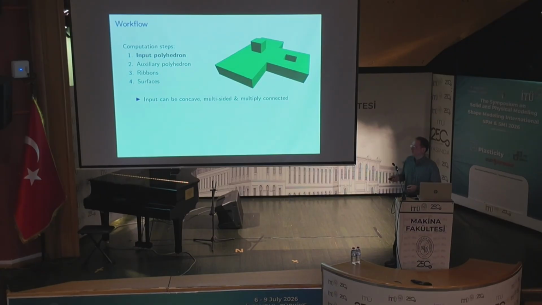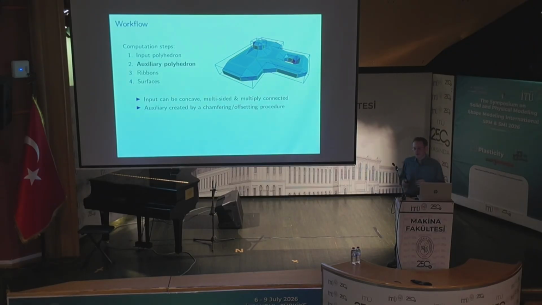In the first step, we have the simple polyhedron, and we create an auxiliary polyhedron from that by doing some kind of chamfering process. For this, we actually just shrink the faces and then connect the vertices to create a topology similar to a Do-Sabin step. And then we can see that we have these extra faces.